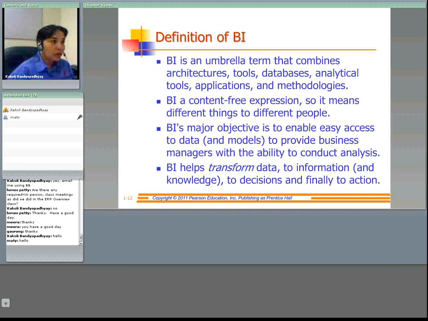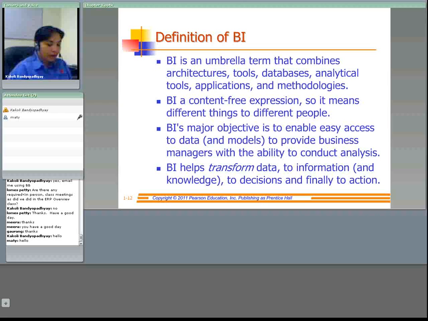Please note that it is used to analyze complex information about an organization. So note the words analyze and complex. Okay. Once again, business intelligence is used to analyze complex information about an organization and its competitors.